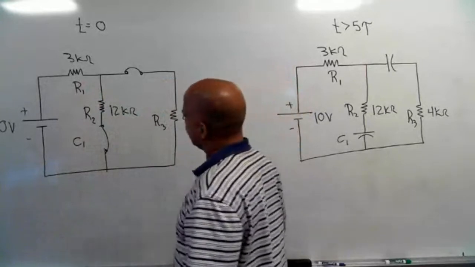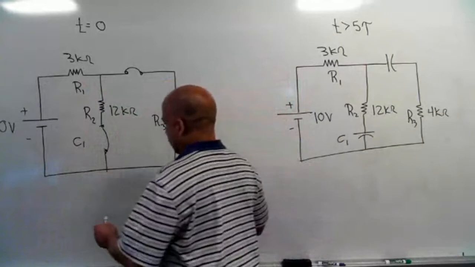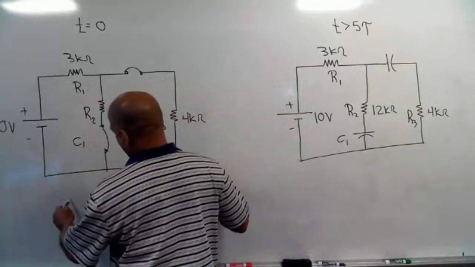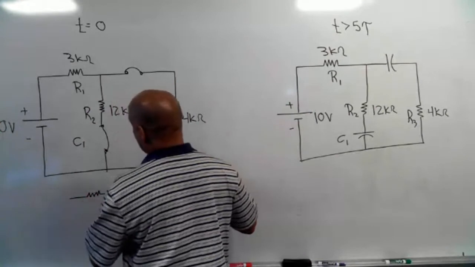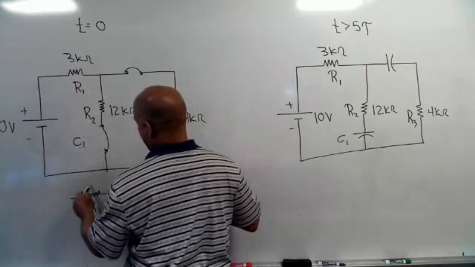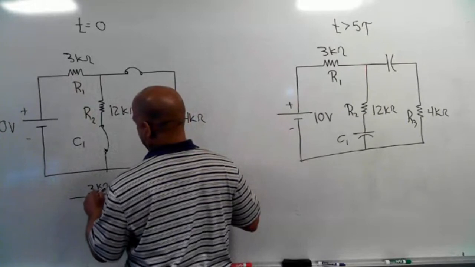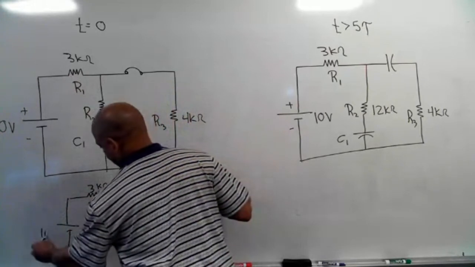I want to find the voltage across each of these, so I want to turn this into a series circuit, and then my problem will be really easy. This resistor, R1, is 3K ohm, connected to 10 volts.